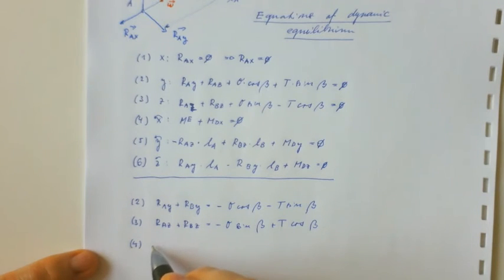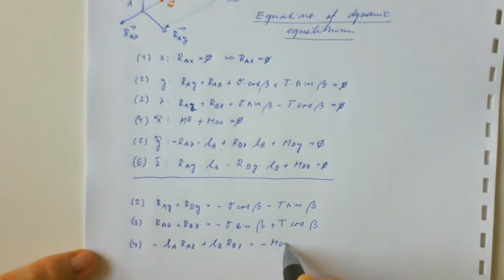Four, minus La Raz plus Lb Rbz is equal to minus Mdy.